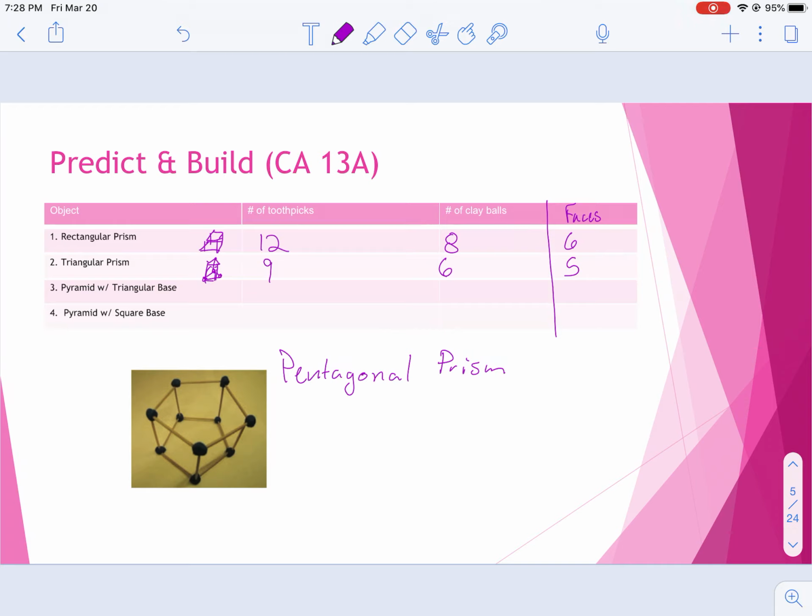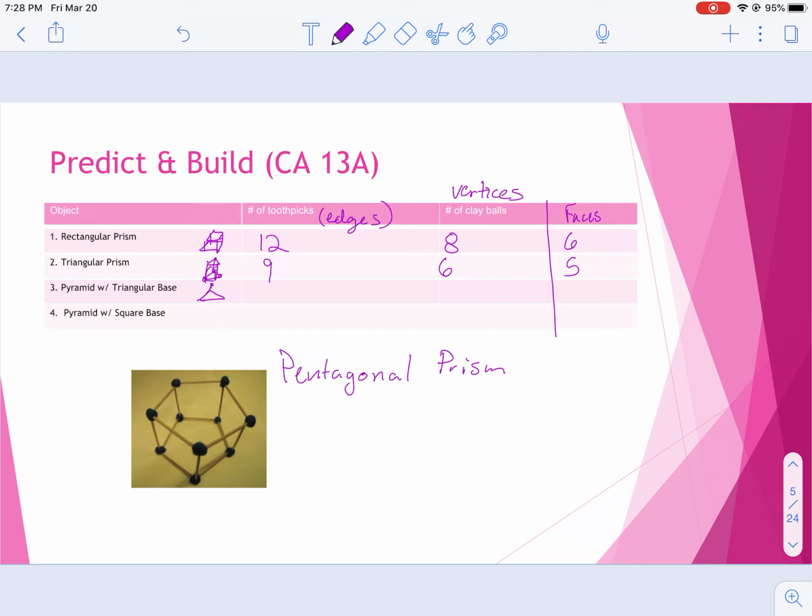All right. So using that terminology, toothpicks are edges. Clay balls are vertices, or a vertex. So how about a pyramid with a triangular base? Okay, pause it again and think through that. I'm picturing a triangle at the bottom. There's 3 there.